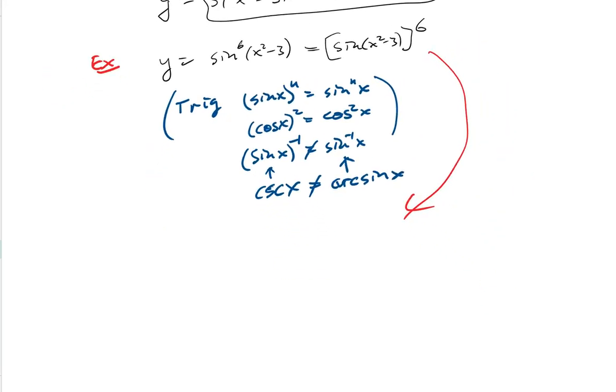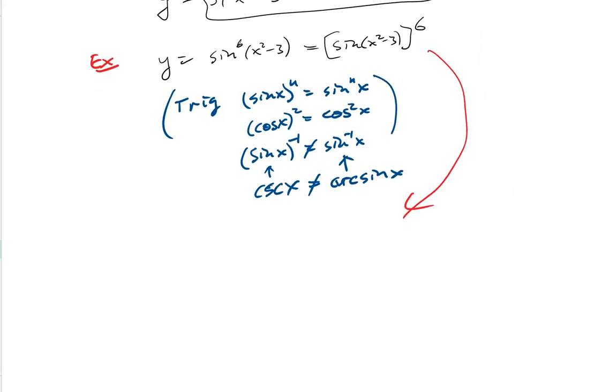And so the way you would do this, you pull the 6 down in front, rewrite the sine business, sine of x squared minus 3 to the 5th power. And now you multiply by the derivative of the inside. You take the derivative of sine, so now it'll be cosine of x squared minus 3.